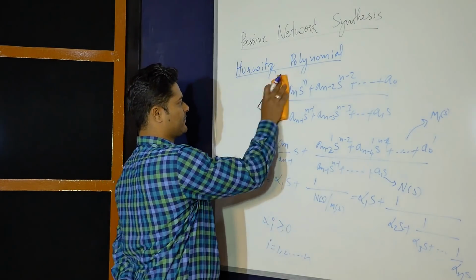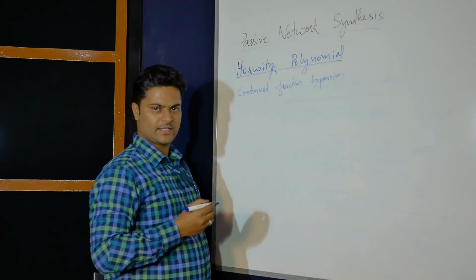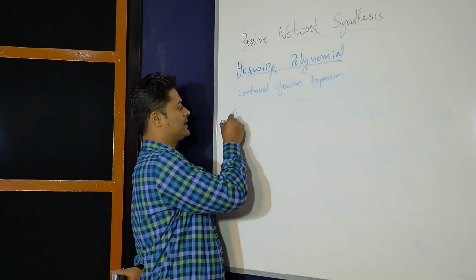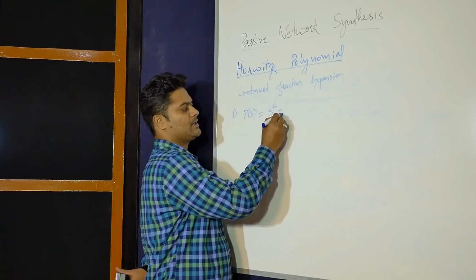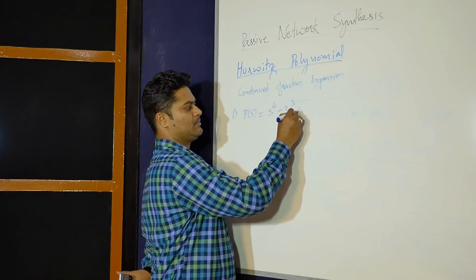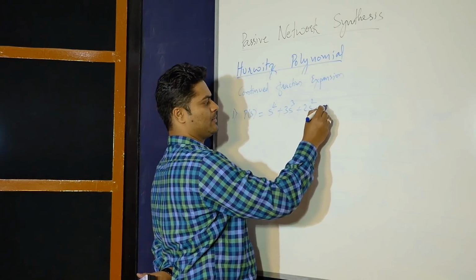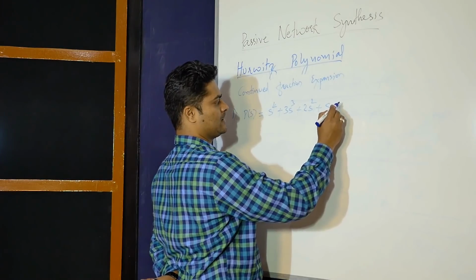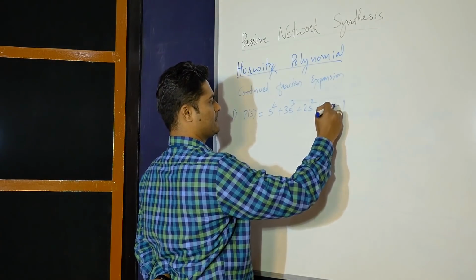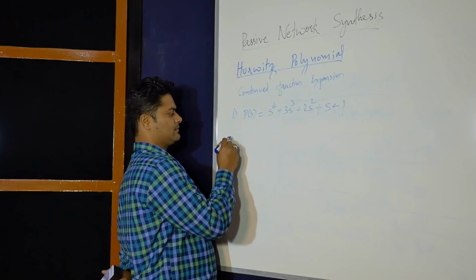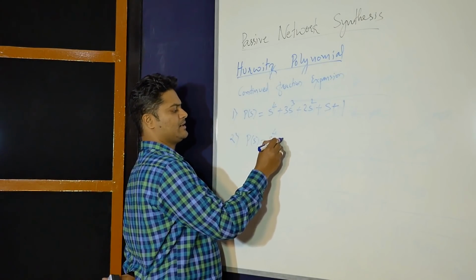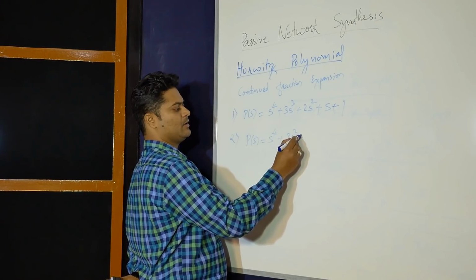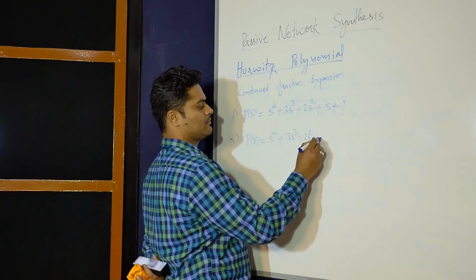As we are discussing continued fraction expansion, consider this polynomial p of s, nothing but s to the power 4 plus 3s to the power 3 plus 2s square plus s plus 1. Whereas consider this other p of s, almost similar, with 3s cube and 2s square.